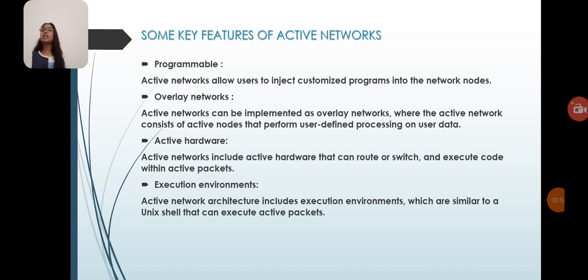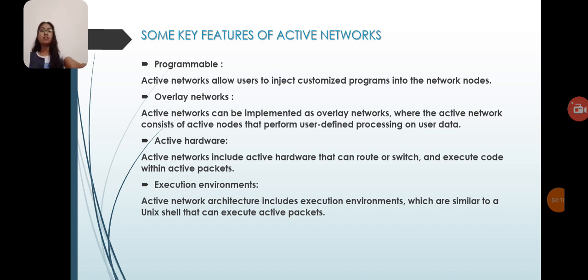Active hardware: networks include active hardware that can route or switch and execute code within active packets. And fourth one is execution environments. Active network architecture includes execution environments which are similar to a Unix shell that can execute active packets.